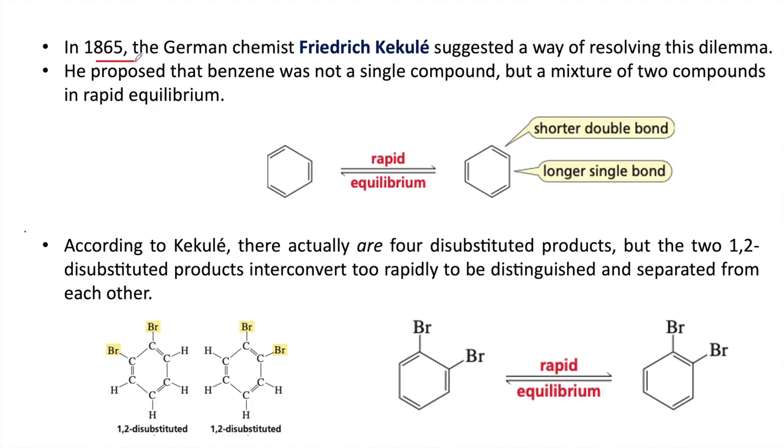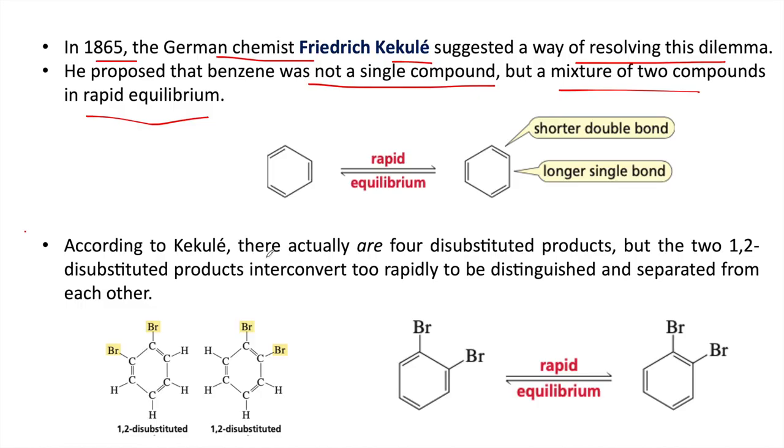So in 1865 a German chemist, Friedrich Kekulé, suggested a way of resolving this dilemma. He proposed that benzene was not a single compound but a mixture of 2 compounds in rapid equilibrium.